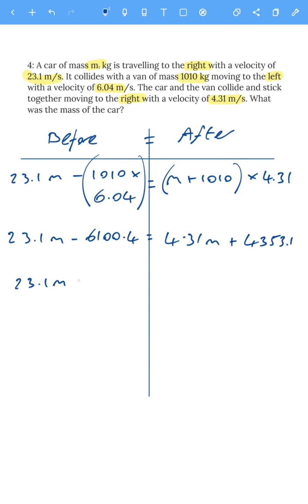So 23.1 m minus 4.31 m equals, on the right hand side we've got 4,353.1, and on the left hand side it's a negative, so we need to add the 6,100.4.